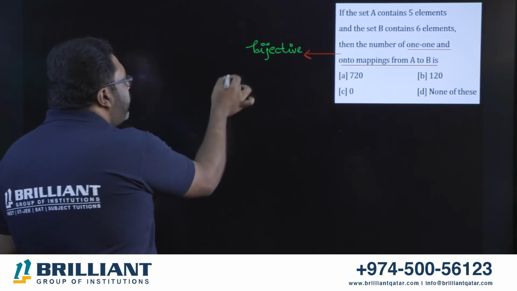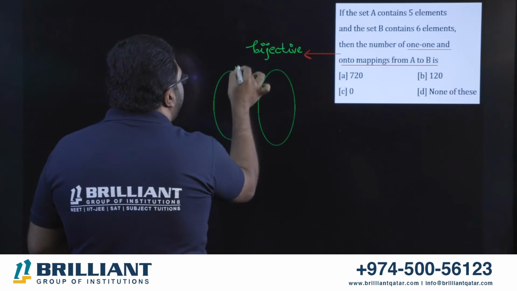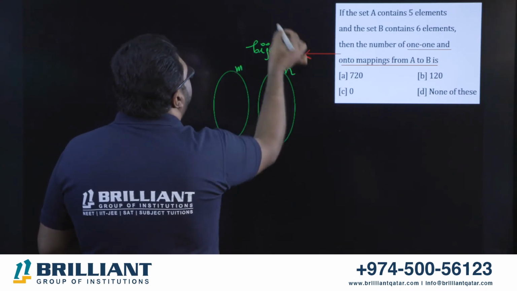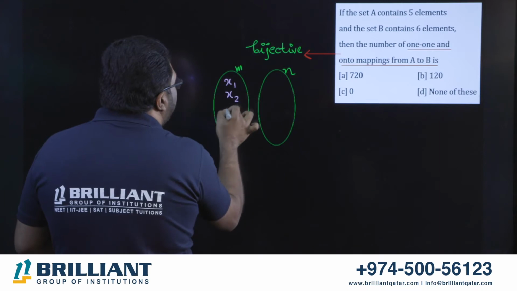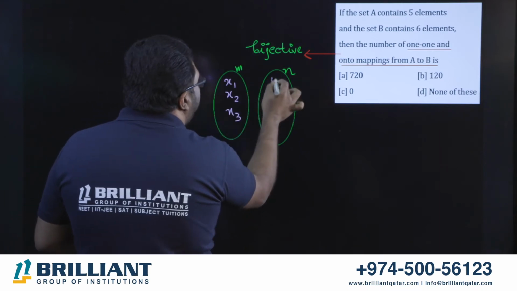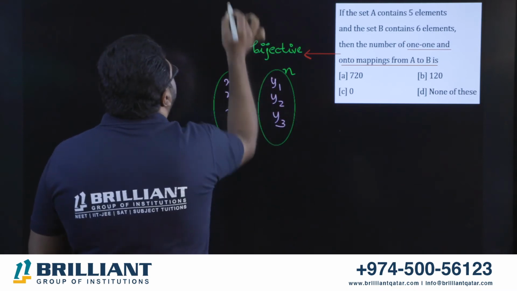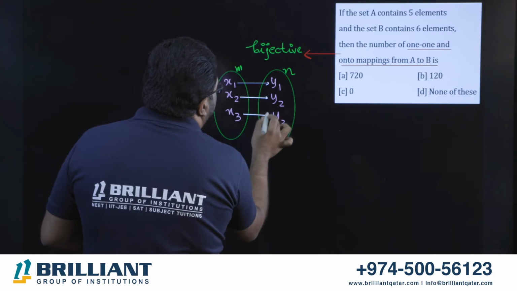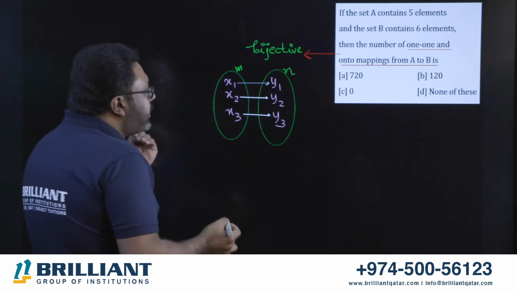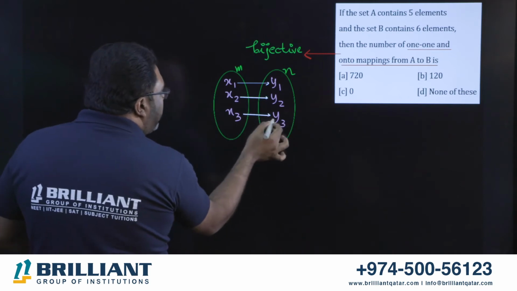So 1-1, we already know that the first set has m elements and the second set has n elements, which says every element in the domain should have a unique image in the range. And onto says that every element in the codomain should have a pre-image.